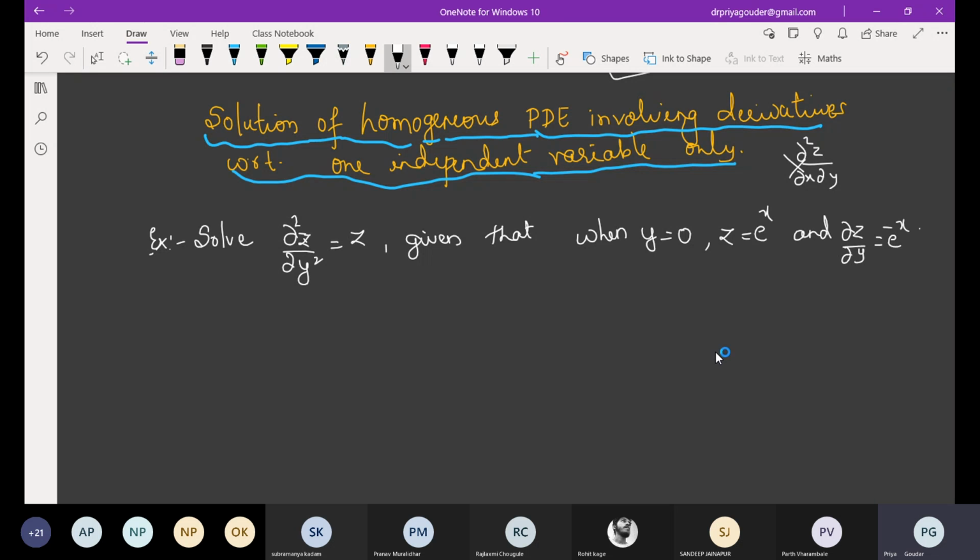The concept of PDE, or partial differentiation, is introduced when you already knew about differentiation. Can you tell me why? When the concept of differentiation is already known to you, why is partial differentiation introduced? No answer? Try to answer, please. Why is the concept of partial differentiation introduced when differentiation is already studied?